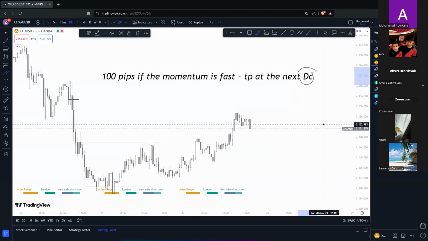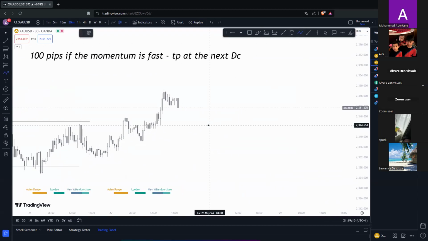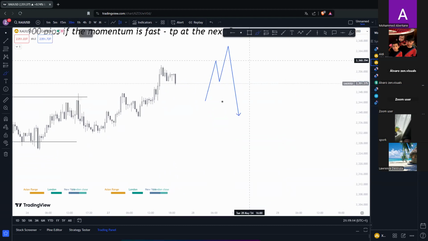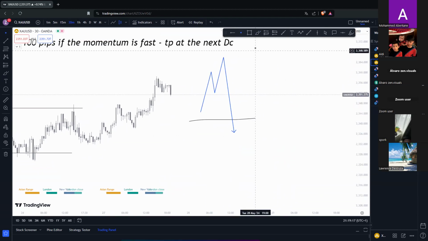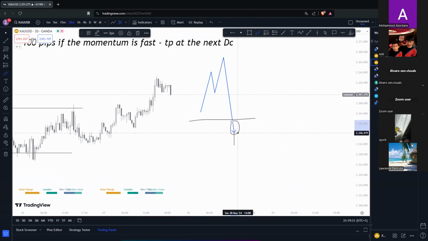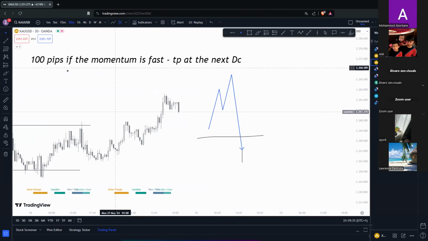Since the next setup can also be against the storyline, if you take a sell based off of a DC and the momentum is fast and it goes more than 100 pips, you can TP when you see a DC for buy, for example, a bearish rejection, and then you would want to put a limit for buy. When it touches the buy, you can close your sell or just leave 0.01 lot, and then price would want to go up. So then you TP. But if the momentum is slow, it is 100 pips minimum.